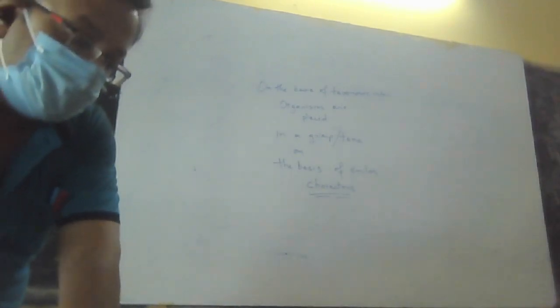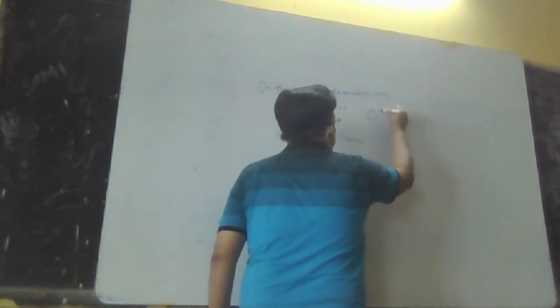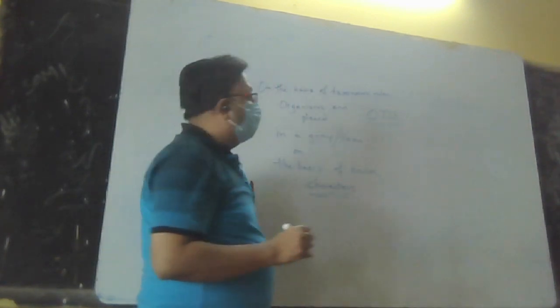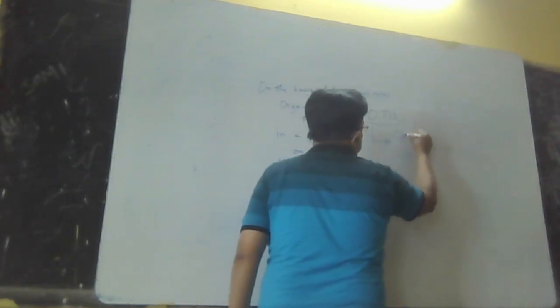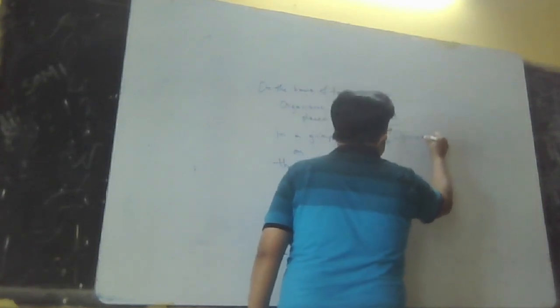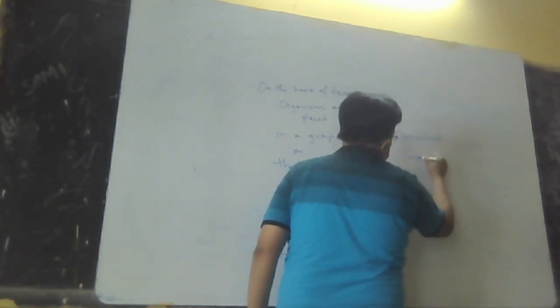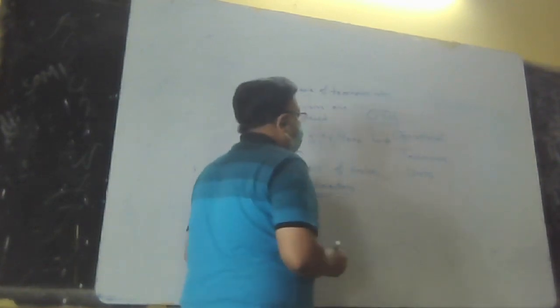Now, one more thing which you have to do. One question comes, what is OTU? OTU means operational taxonomic unit.